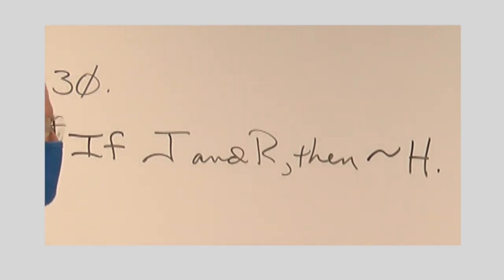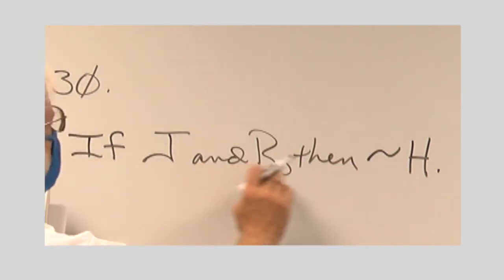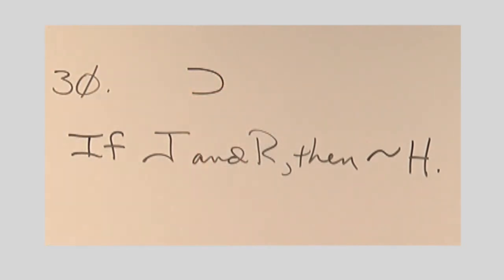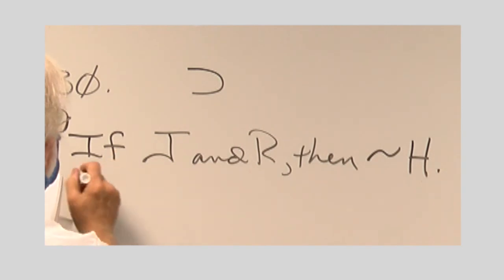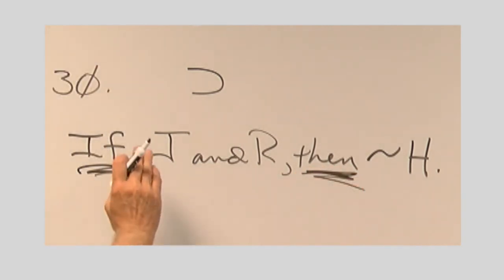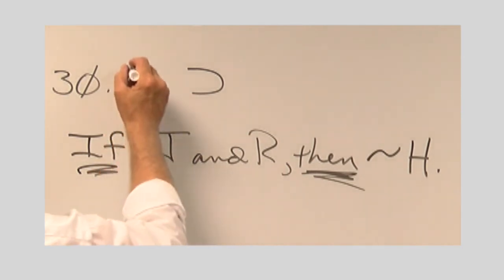Then, I think everybody should be able to see at this point that the main connective here will represent this expression if-then. That would be the horseshoe. What occurs between the words if and then is a compound J and R. How do we represent J and R?